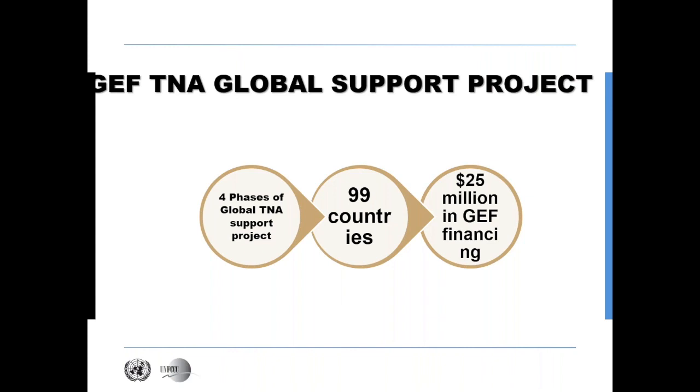Now we are pleased to be working with LDCs and SIDS on the latest phases, but we also have a strong group of developing countries within phase 1 and phase 2.